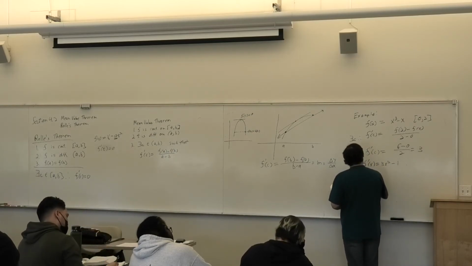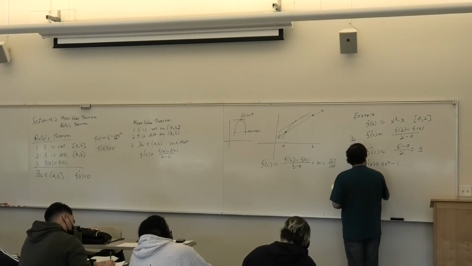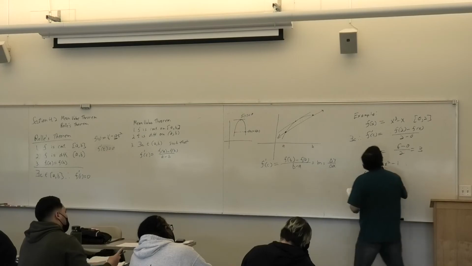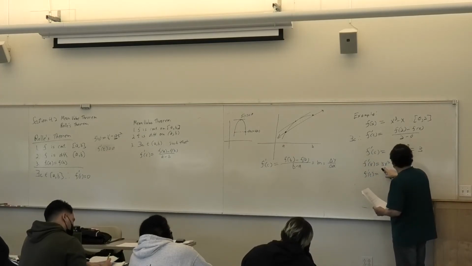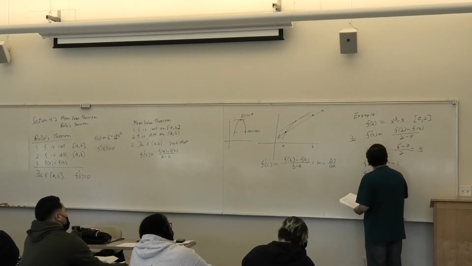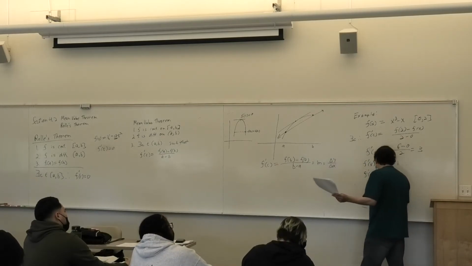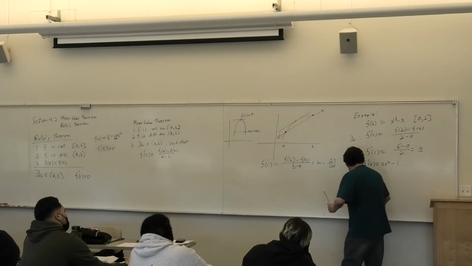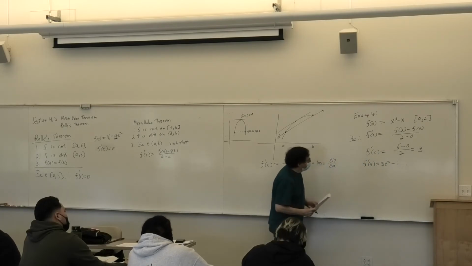f prime of c equals what? I plug in, wait a minute. I plug in c, I'm sorry. You're completely correct, and I've completely spun myself around. What am I trying to do here?